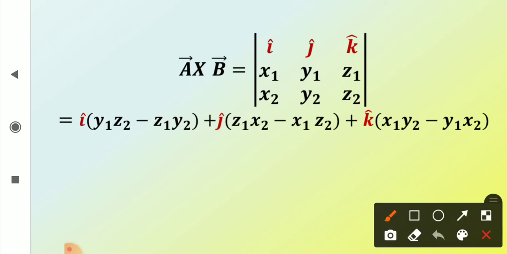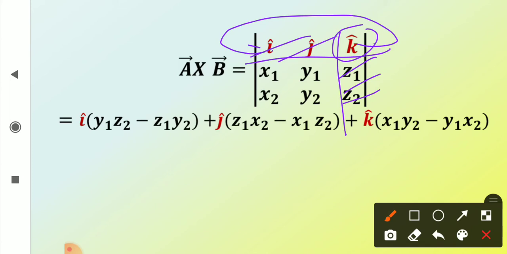Plus, when you reach the third one, leave this column and leave this row, and when you move I j k, after k you turn to I. So you come to this line, and you will get x1 y2 minus y1 x2.